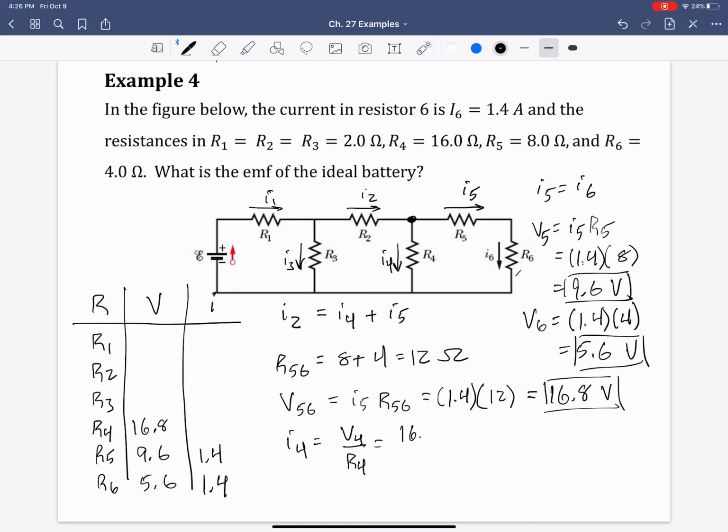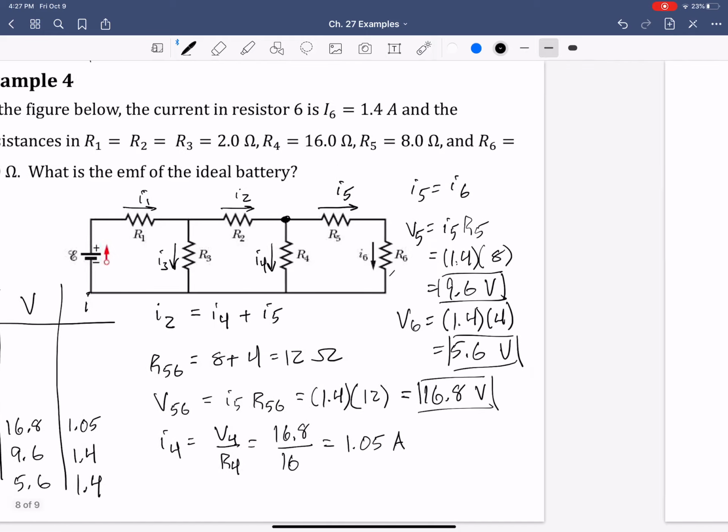This is that 16.8 divided by resistor 4 of 16, and this should be 1.05 amps. Okay, we're slowly working our way back, right? We found the voltage and the currents for resistances 4, 5, and 6. We're almost halfway there. Now we should take time to rewrite this a little bit, right? Let me redraw this circuit on the next page.